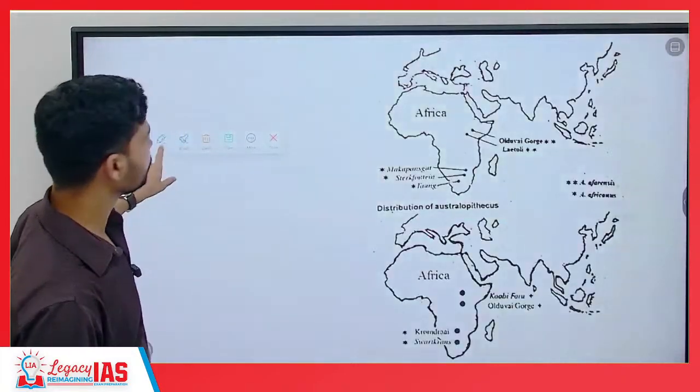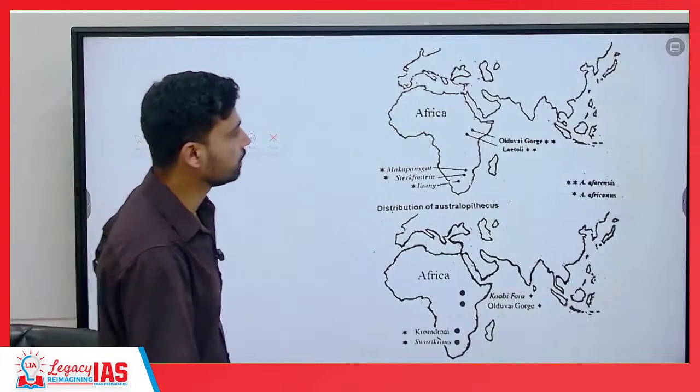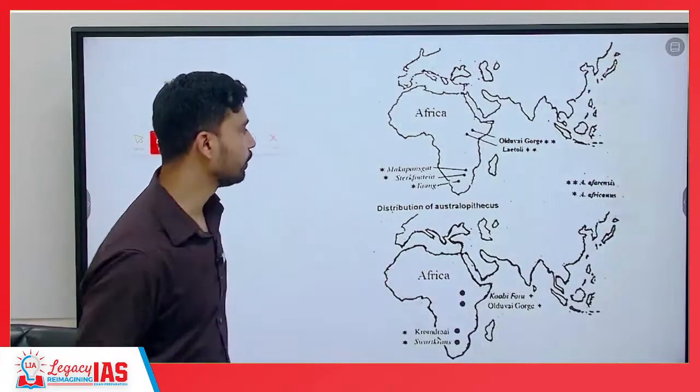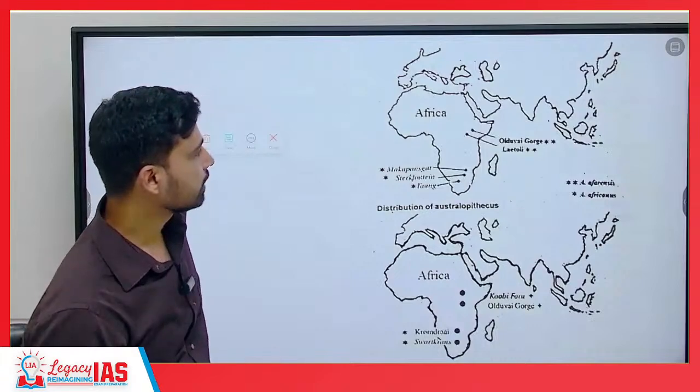So further research was done, and then we have several sites where you can see the distribution of Australopithecus.